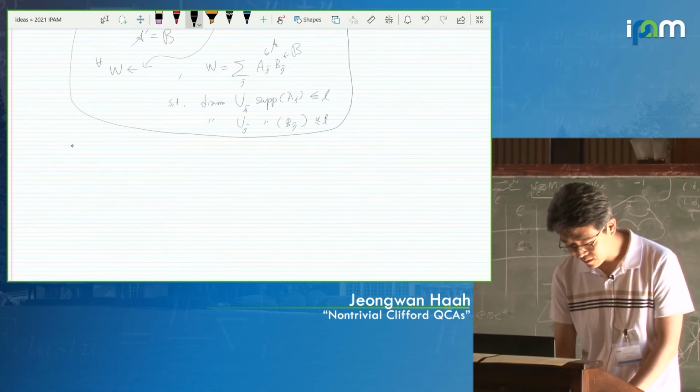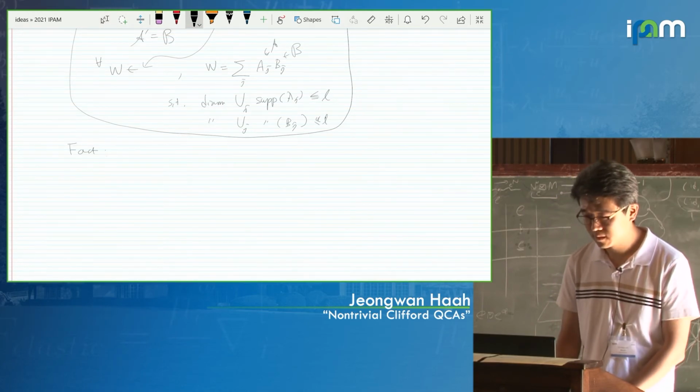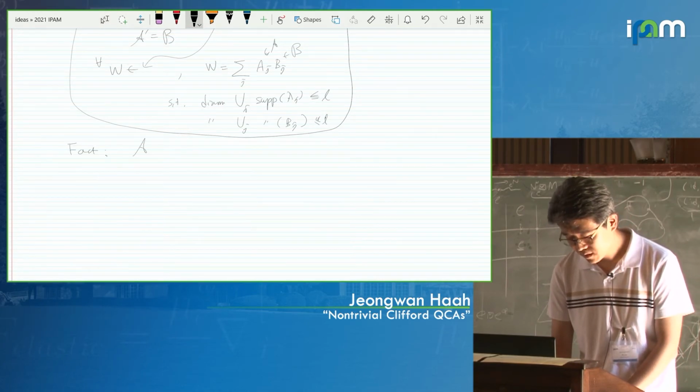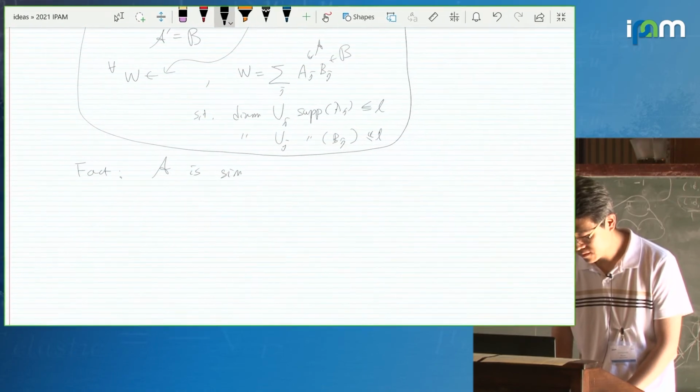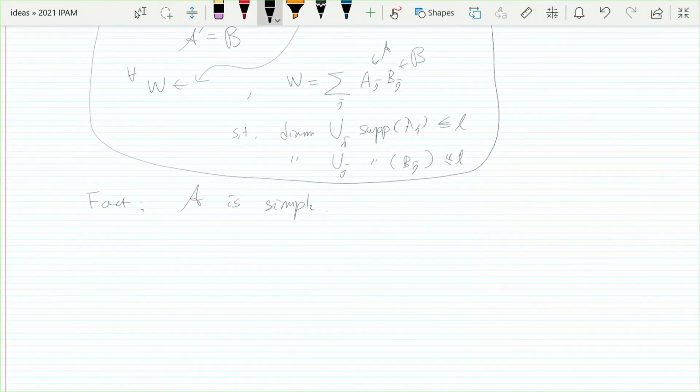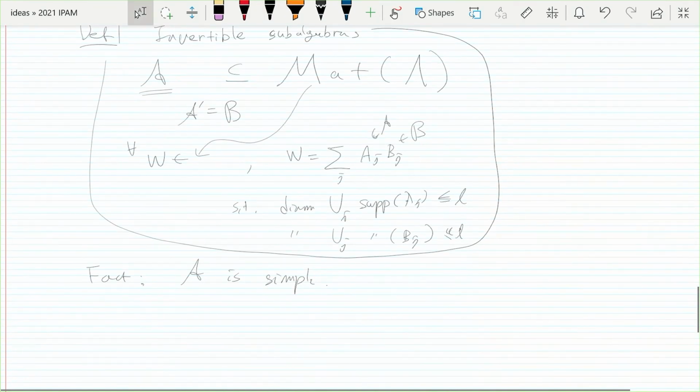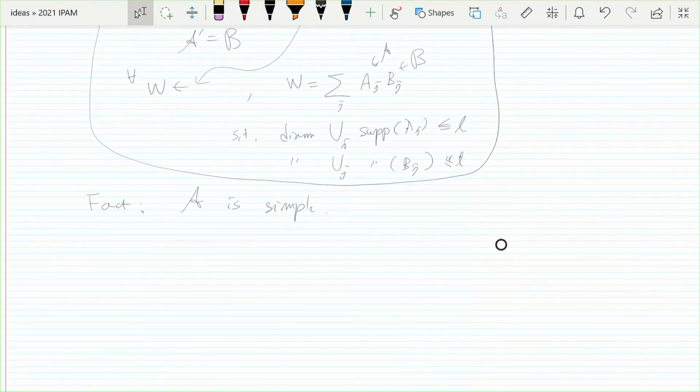And here are some facts about it. It is always simple. I did not assume it. It follows from the definition. And trivially, it is invertible if and only if its commutant is.